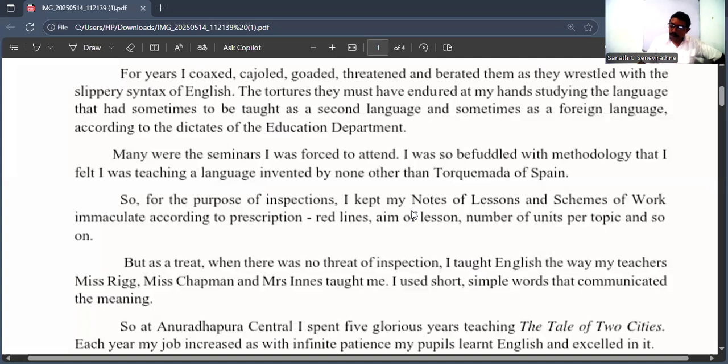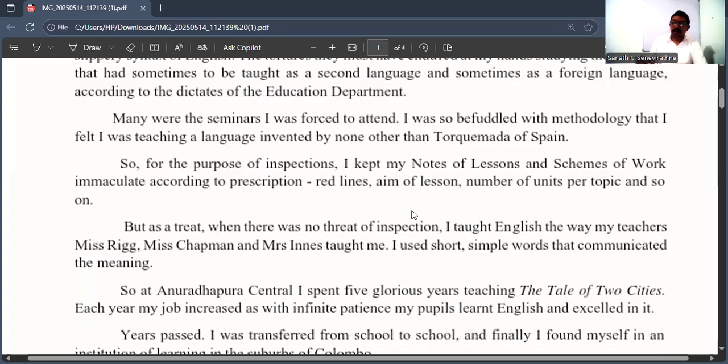That means she did not like to attend seminars, but she had to do that. Full stop.